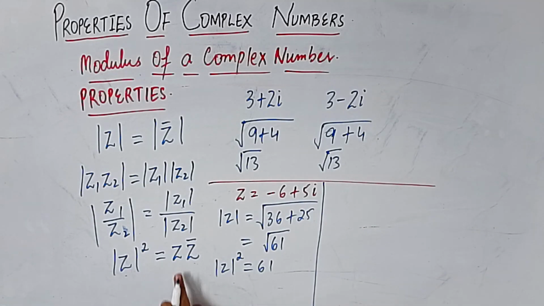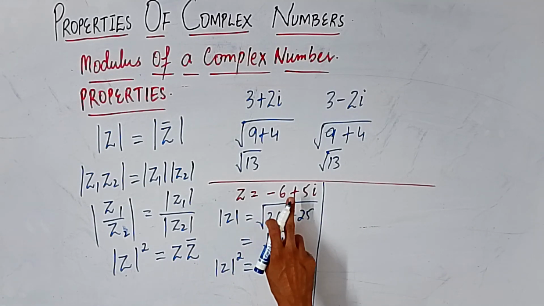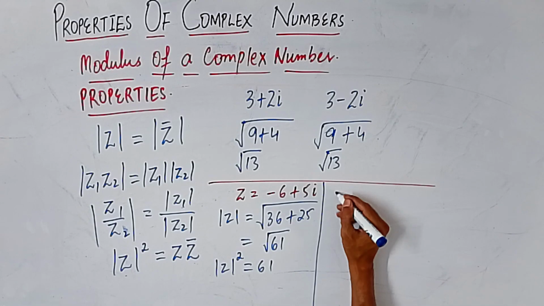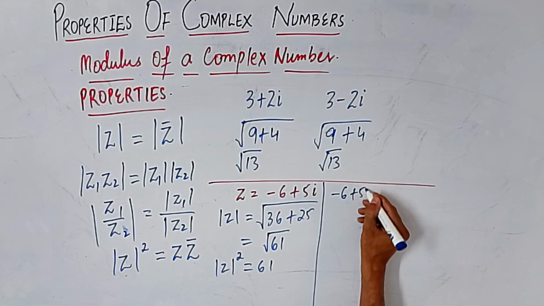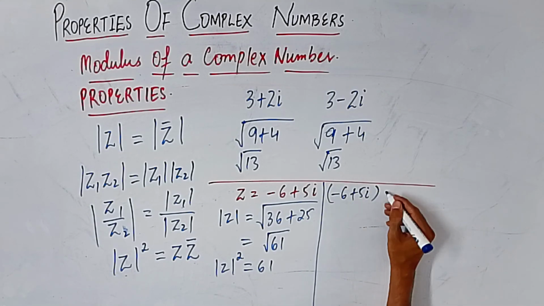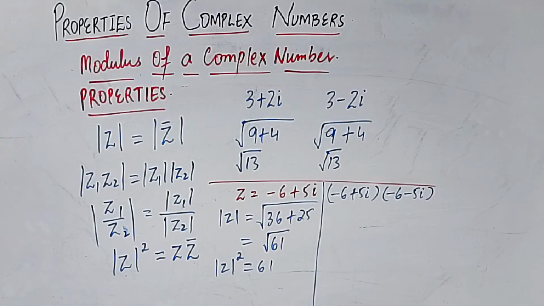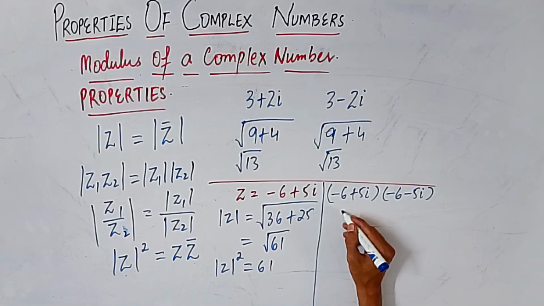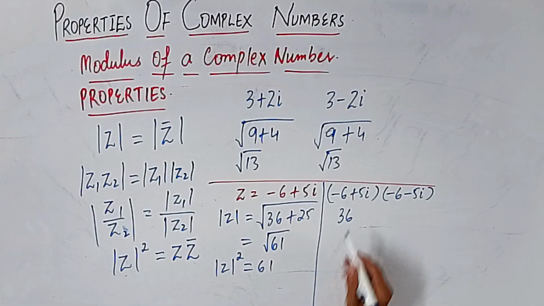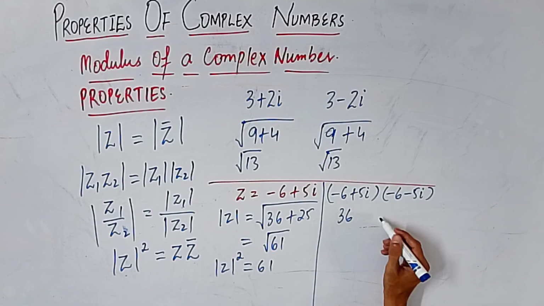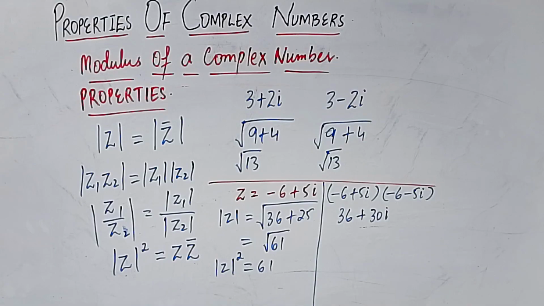Now, what are they saying? You need to multiply this complex number with its conjugate. So you will do minus 6 plus 5 iota, and you will multiply it with minus 6 minus 5 iota. Remember, in the conjugate you will just change the sign of the imaginary part, not the real part. So what will you get? Minus 6 multiplied by minus 6, 36. Minus 6 multiplied by minus 5 iota, plus 30 iota, right?